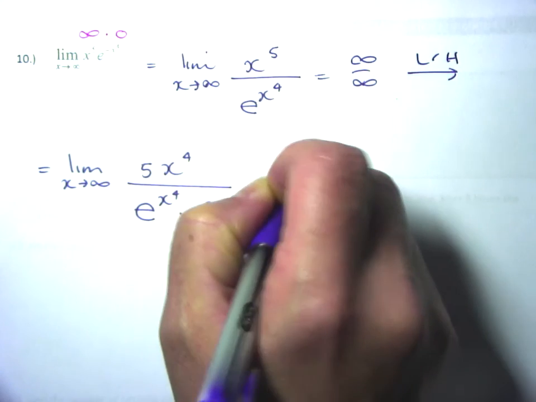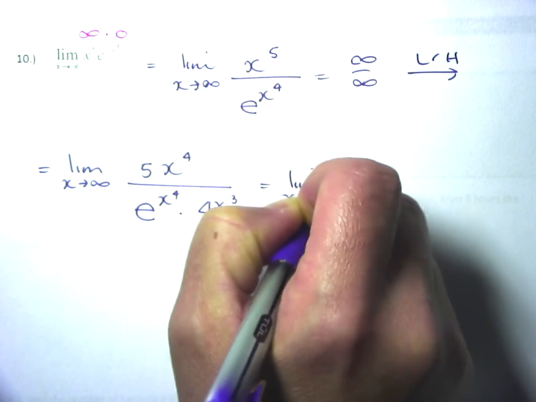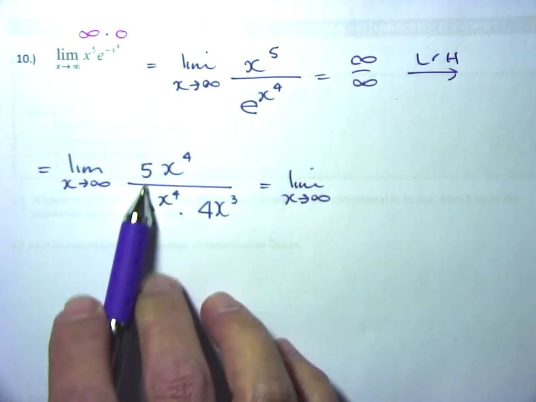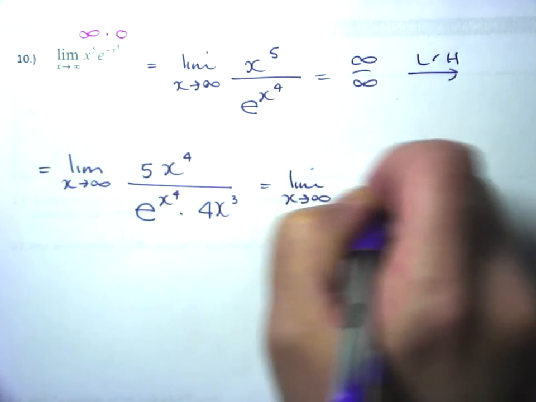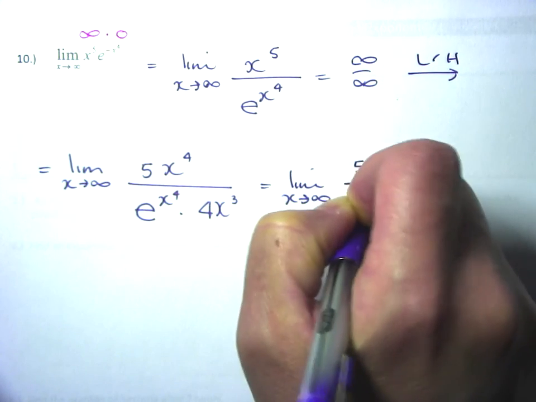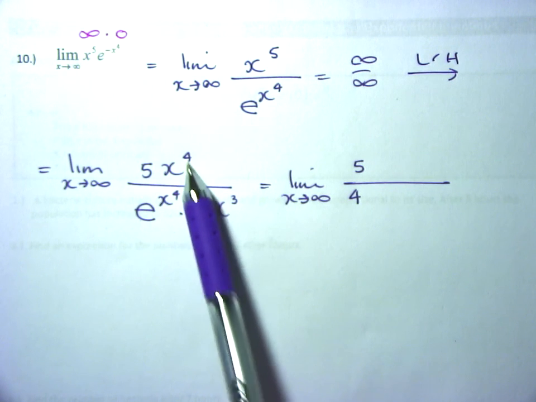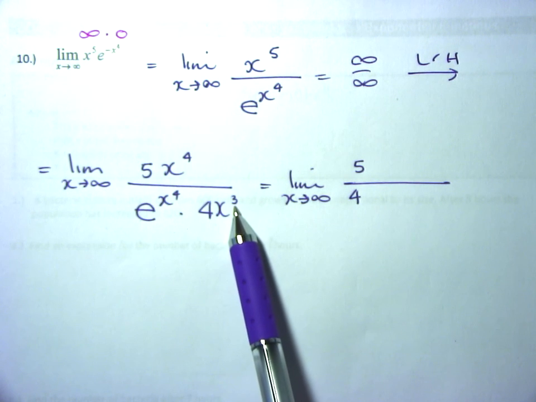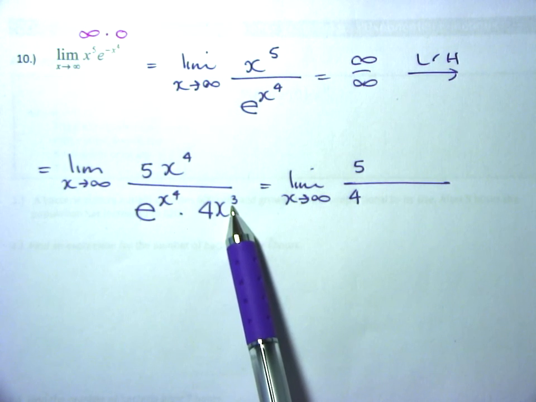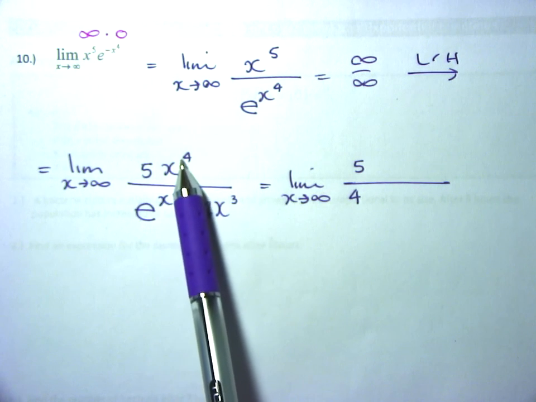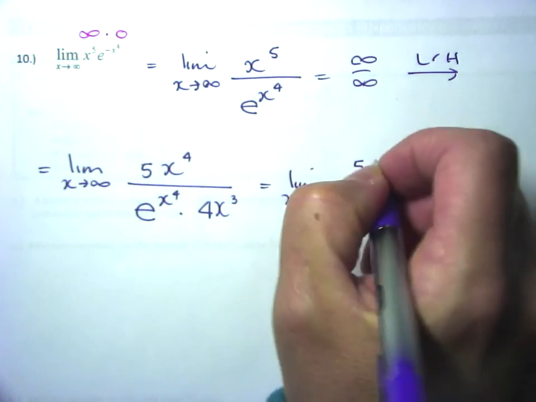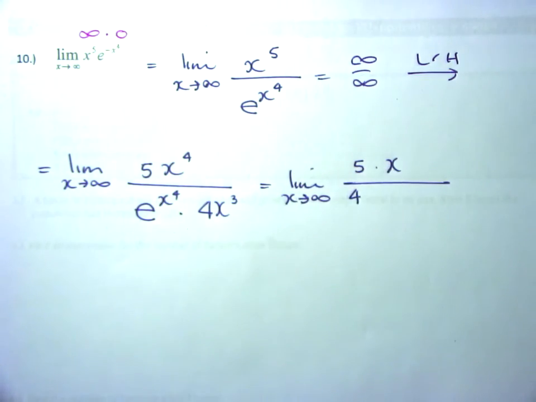This will be equal to the limit as x approaches infinity. I will have 5 divided by 4. I'm just going to regroup, so I'm going to put all my coefficients out front. What is x to the power 4 divided by x to the power 3? After I cancel out x to the power 4 over x to the power 3, we just have an x left up here.